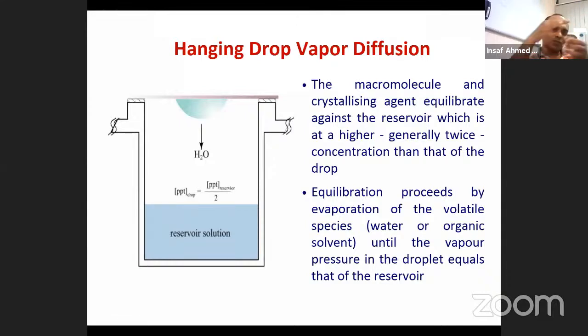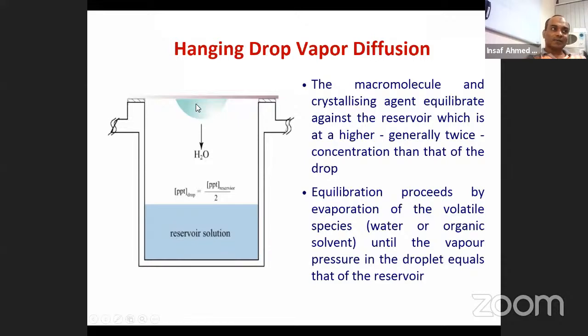Now what will happen? On top the NaCl concentration is less and at the bottom the NaCl concentration is high. So water will start coming down from the top, that is, evaporation will start. When it evaporates, water will go down, and the NaCl, which has high concentration at the bottom, will go up.